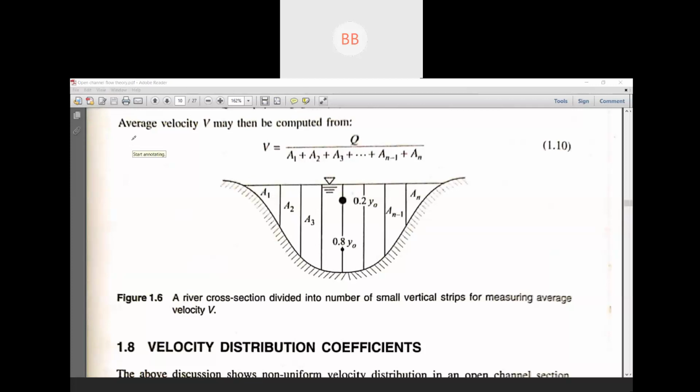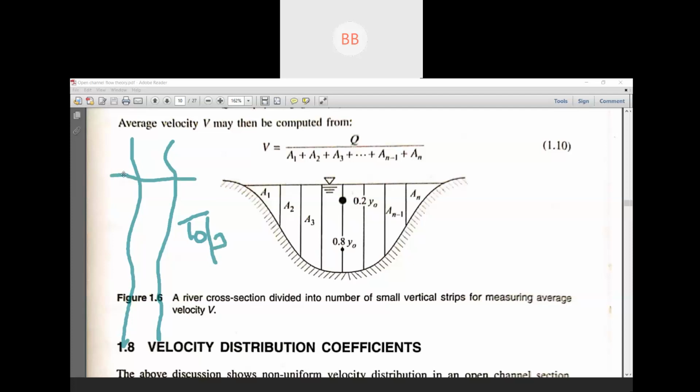See, if you have a river, this is your top view. When you see the river in this way, you always imagine it is in a top view. If you take a cross section and draw it, it will look like this.